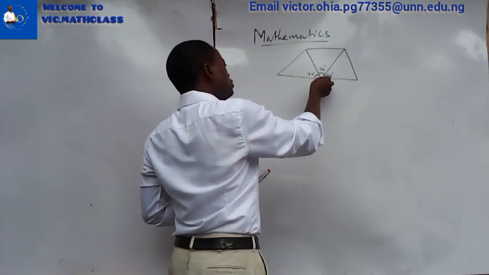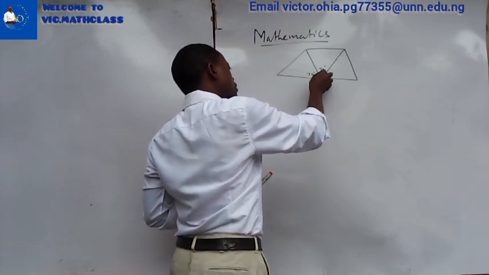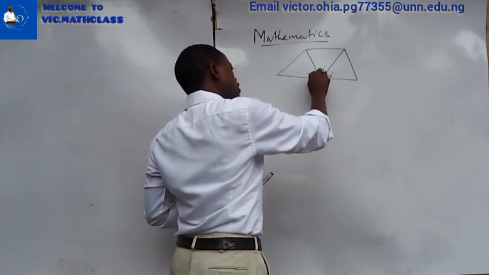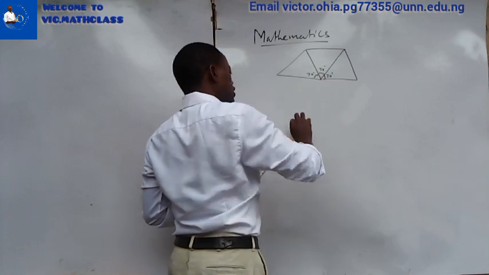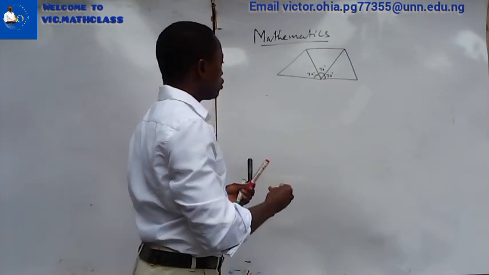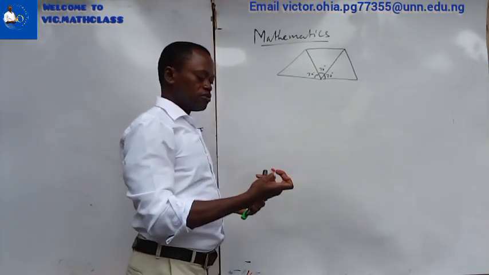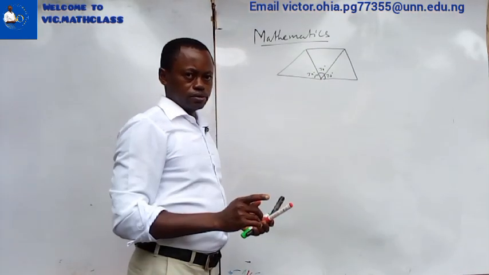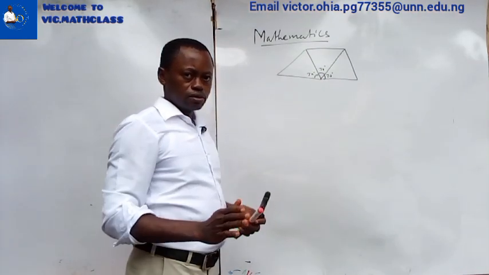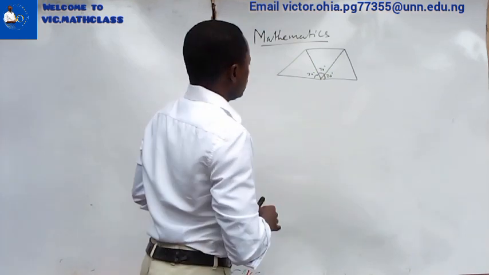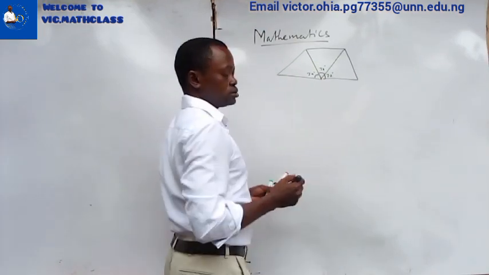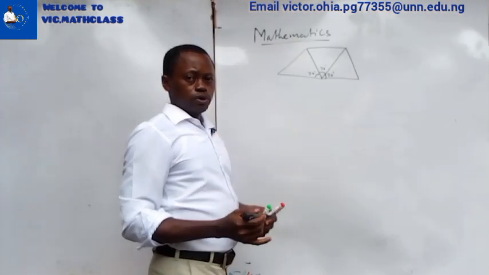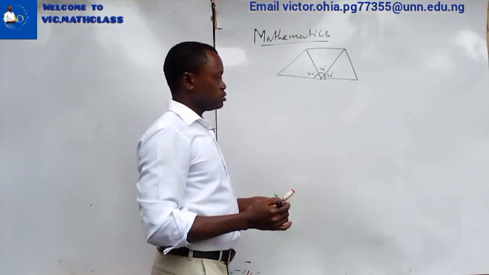By the time you go around all the 30 degrees at this center, you must have covered the sum of angles at a point. That's another understanding we can take, and the sum of angles at a point is 360 degrees.